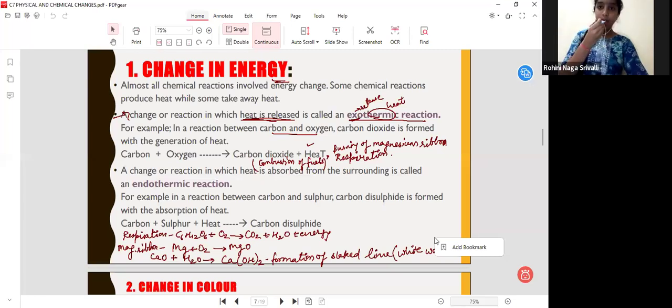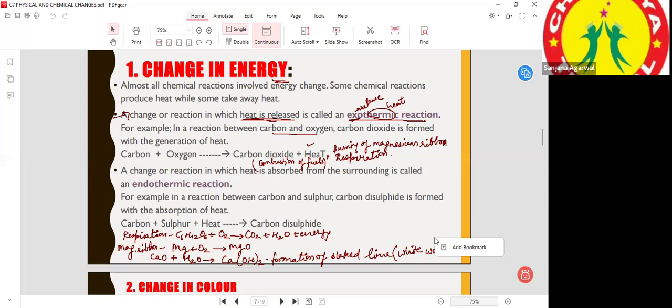What does CaO mean? CaO is calcium oxide. That white powder that we mix with water before preparing the material for whitewash.